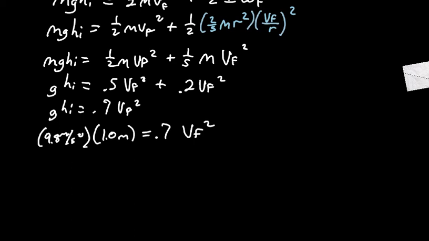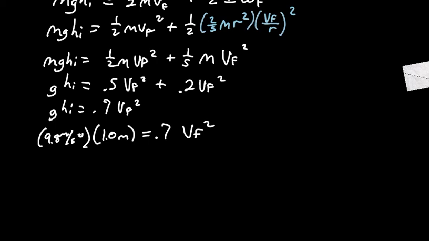The mass of the ball actually doesn't matter on this one. What does matter is this 1/5 term that we get because we had 1/2 times 2/5. So the fact that it's a solid sphere and not, say, a cylinder or a hollow sphere, that mattered. But the mass of the ball actually doesn't matter in this problem.